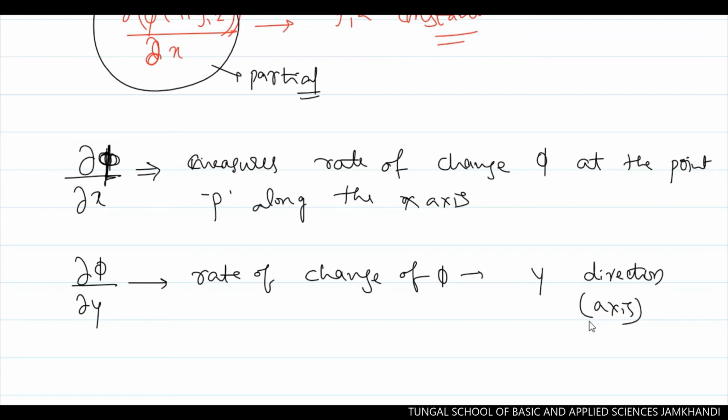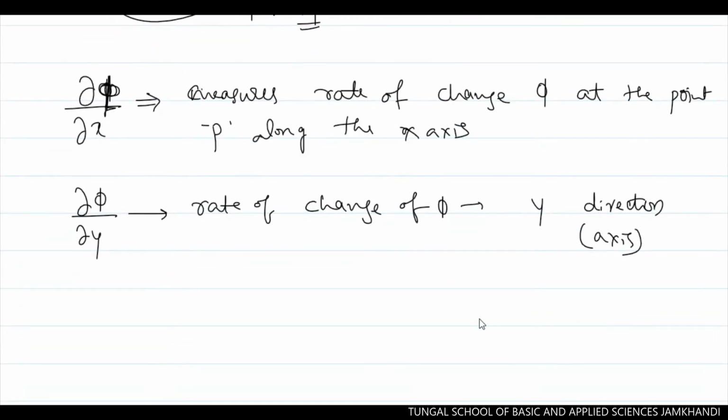So a derivative with respect to a single variable among these three tells about the variation of that function along that particular axis with respect to which you differentiate. Here I am differentiating with respect to x, here with respect to y.